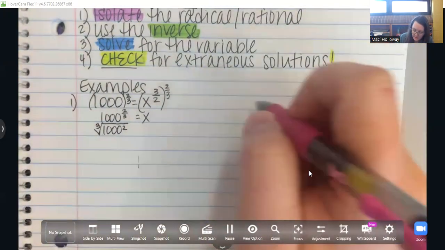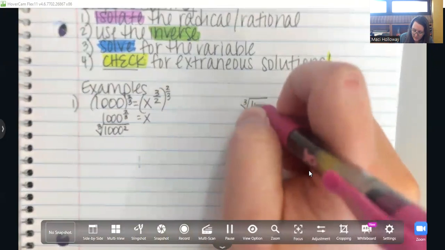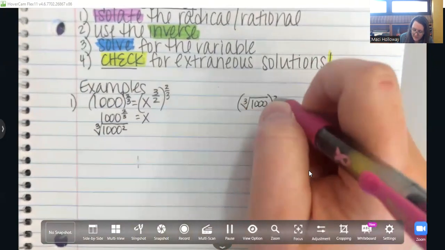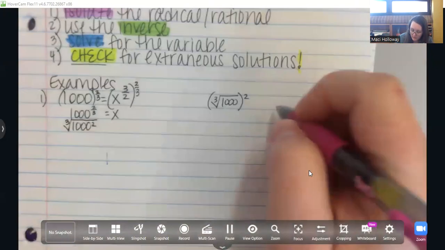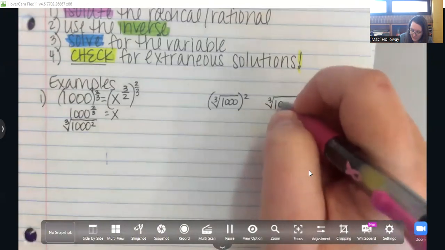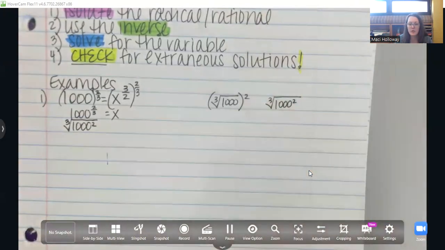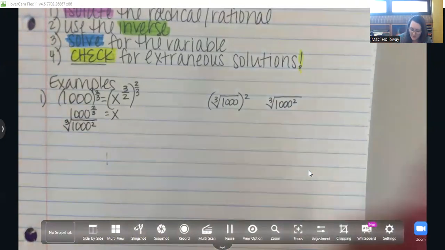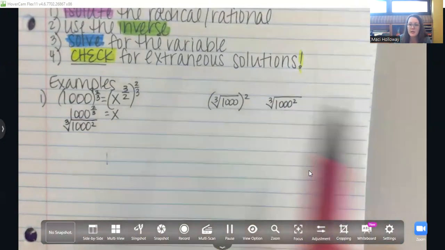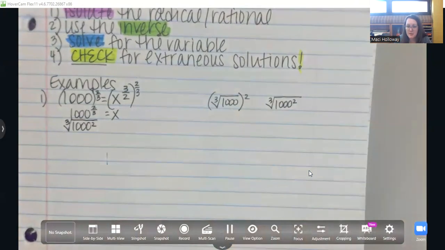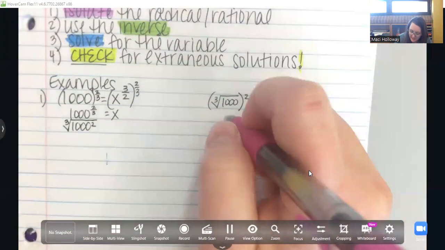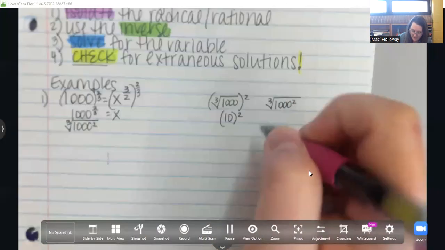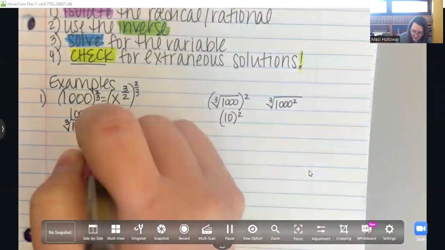You can do this two ways: we can do the cubed root of 1000 and then square it, or we can square 1000 first and then take the cubed root. I like the first option because it leaves me with smaller numbers. The cubed root of 1000, what number multiplied by itself 3 times gets me 1000, is 10. And then I'm going to square it. So my answer is 100.